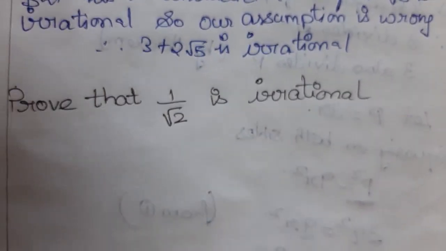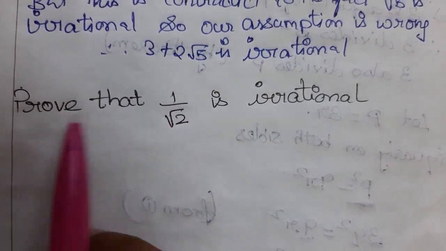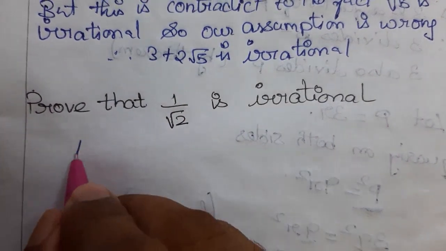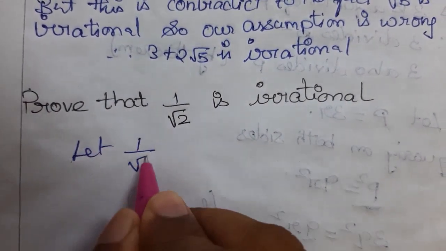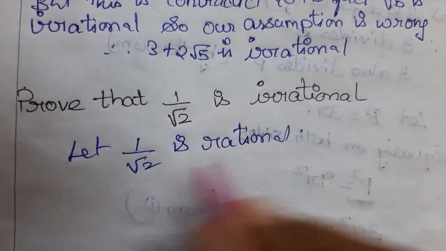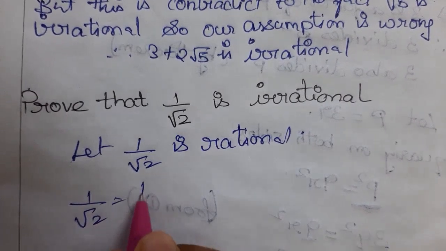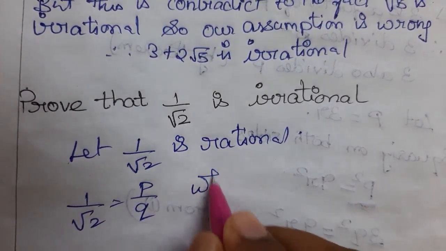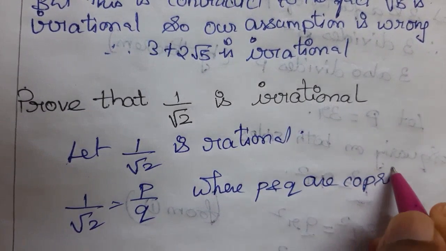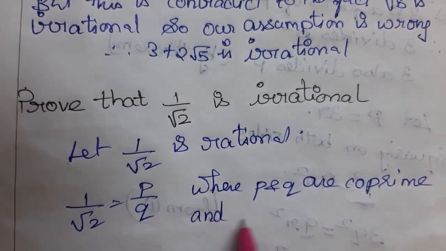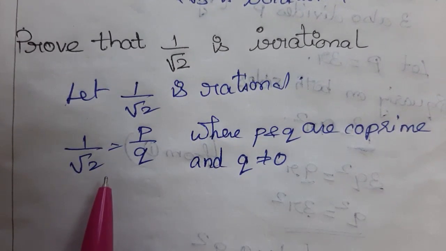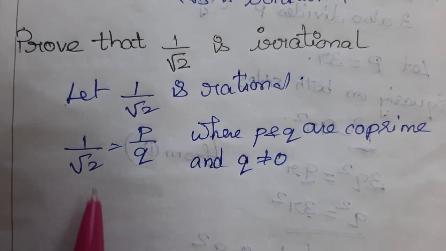So next, one more problem, the final problem. Prove that 1 by square root of 2 is irrational. We are going to prove by the same method. So let 1 by square root of 2 be rational, then 1 by square root of 2 is equal to p by q, where p and q are co-prime and q not equal to 0, right? So what happened when we write in terms of square root of 2?